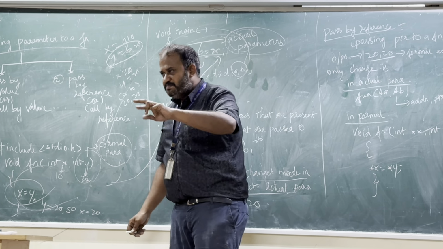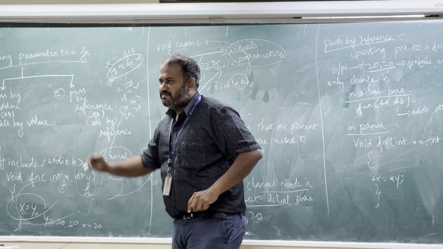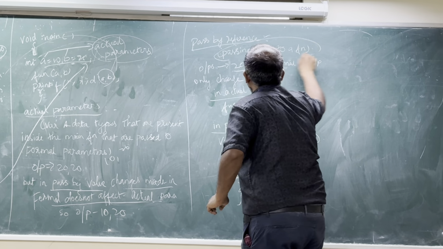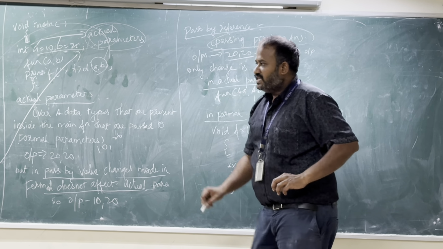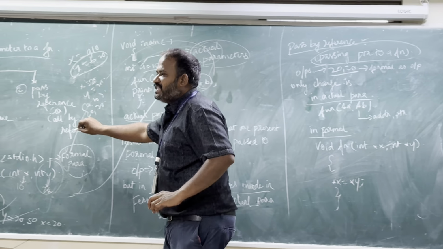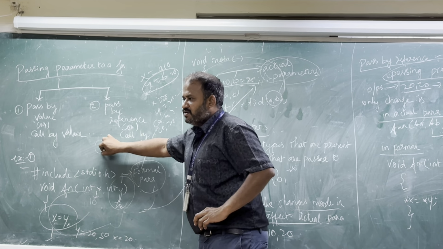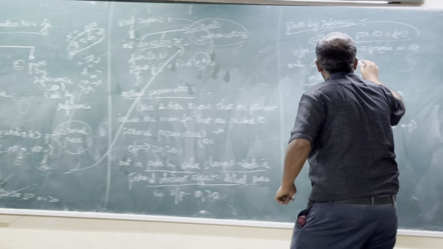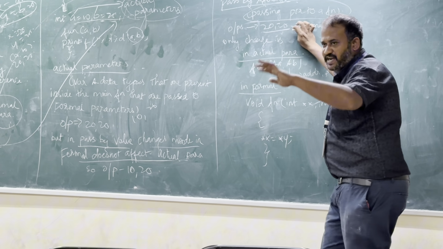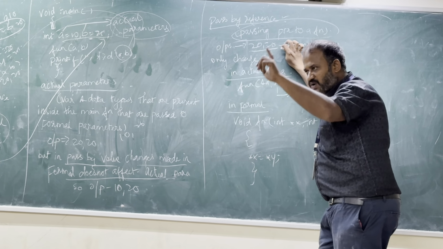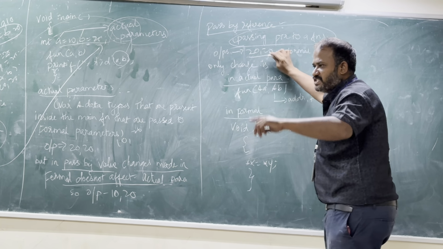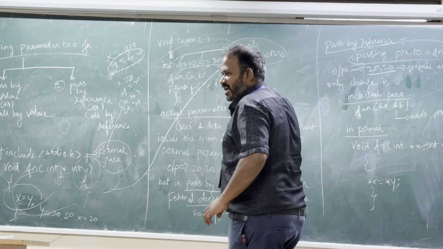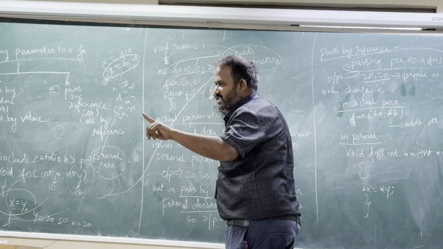This is call by reference. But call by reference is a bit different when compared to call by value. What is the difference? We are passing a pointer to a function. Here we are passing parameters, that is value, variable. So we are passing the values to a function. Here we are passing a pointer to a function. So passing a pointer to a function means only one change: in printf, a and b when it is a pointer.